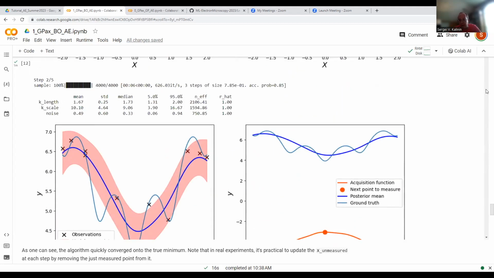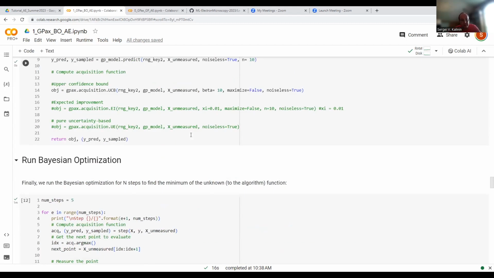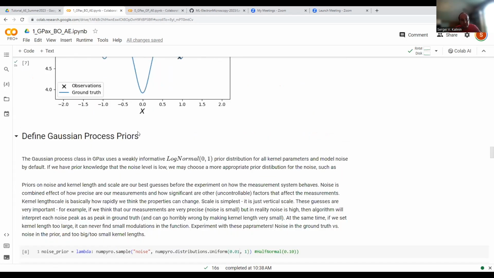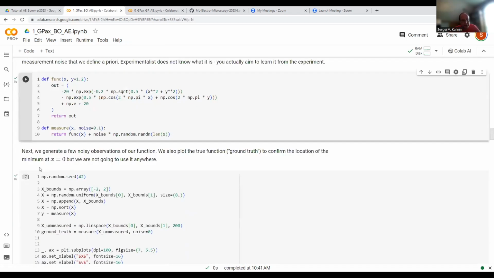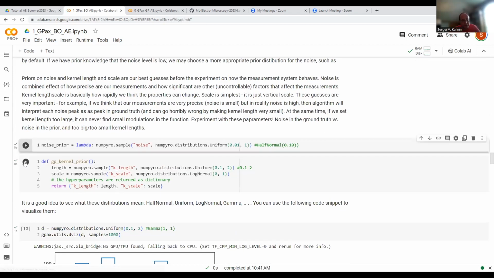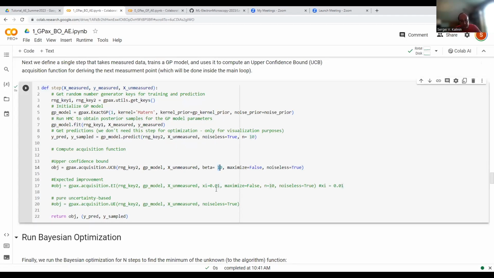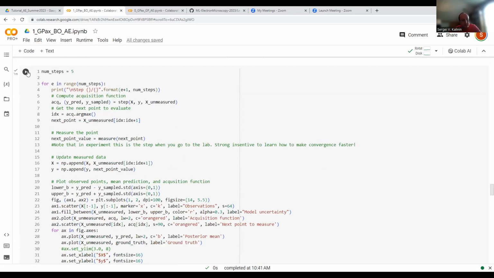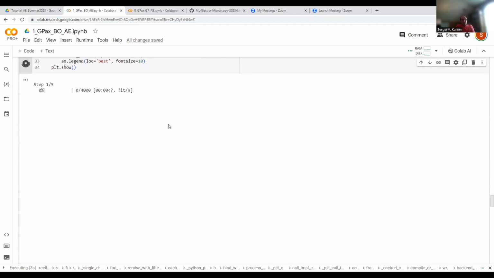One way I can change this dynamic is simply to run the active experiment by increasing the exploratory component. So let me get to our beta, and I can make it 50. So 50 is a lot. Let's see how it's going to work in this case.